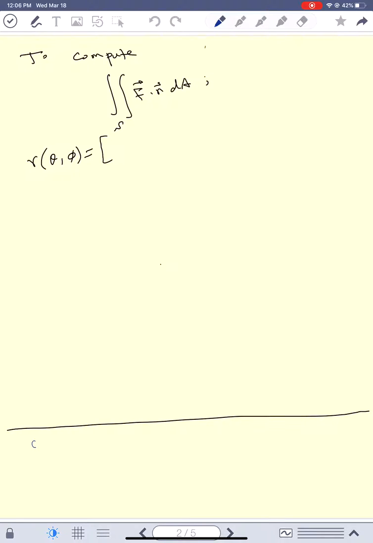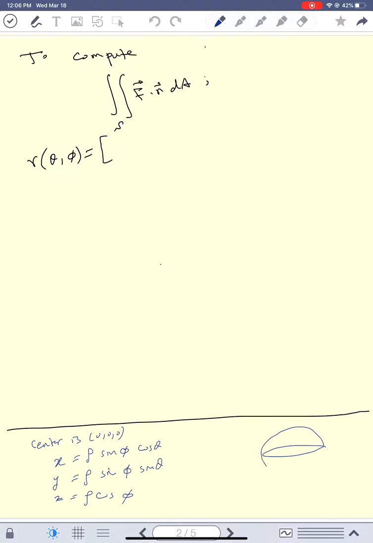If the center is 0, 0, 0, these are the coordinates: x equals rho sine phi cosine theta, y is rho sine phi sine theta, z is rho cosine phi. This is if you have the ball or the sphere centered at the origin.